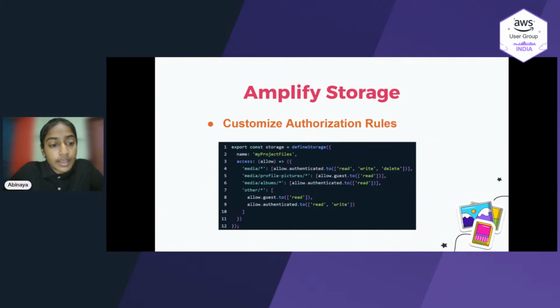The guest can only read the contents in the buckets. In the provided code snippet you can see how the access rules are set up for various media files. You can specify the access policies in S3 with your storage path.